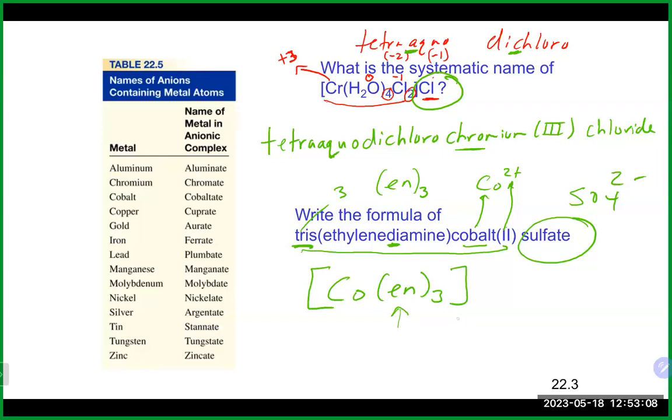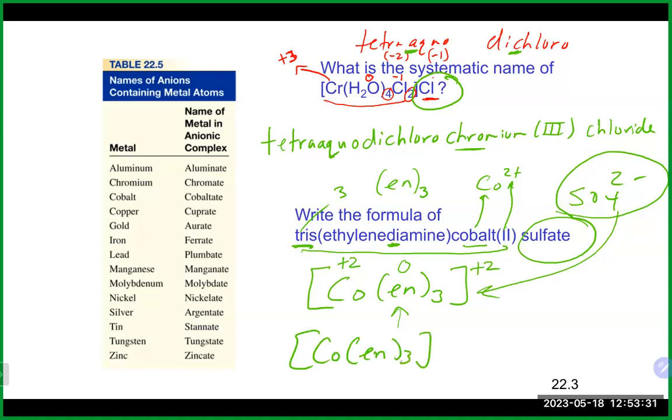The overall charge here would be, this en is 0, right? And this guy we determined there is +2, which means this overall guy is +2. That's important because that tells me how many of these guys do I need? Just one, right? Because it's -2. So we would just need one to kind of balance that out, which would give us [Co(en)3]SO4.